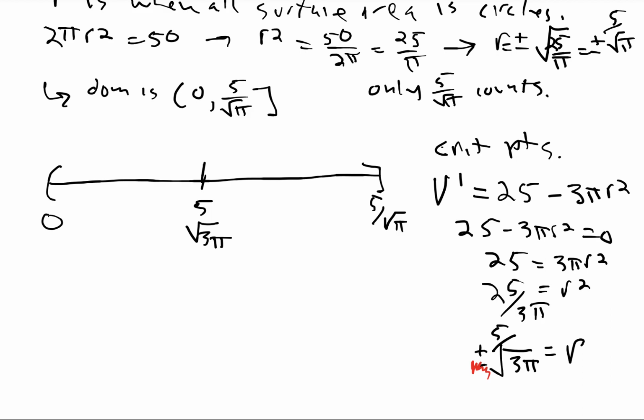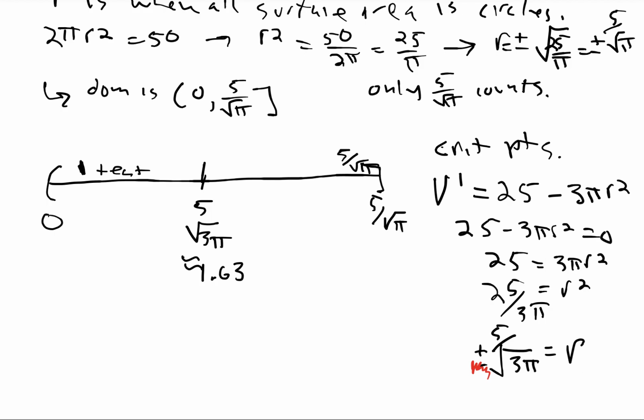That's my critical point. Now, this one I actually will give you guys a little bit of a decimal for. This is going to be somewhere around 1.63. So I'll go ahead and use 1 as my test point here. And since that endpoint is actually included in the interval, I'll use 5 over root pi as my test point over here.